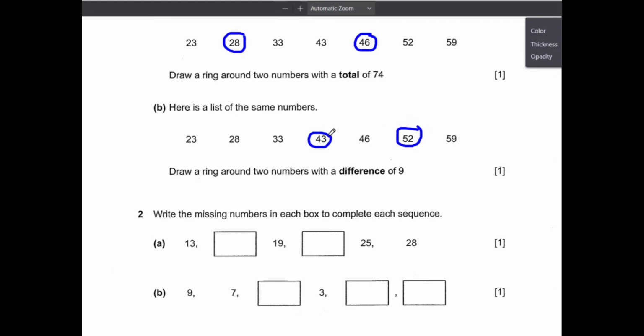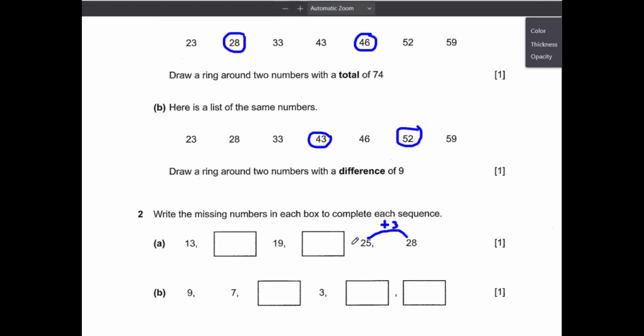They say write the missing numbers in each box to complete each sequence. You've got a sequence here with missing numbers: 13, then a missing number, 19, then a missing number, then 25, then 28. If you look at 25 and 28, the difference between them is 3, so it is plus 3.